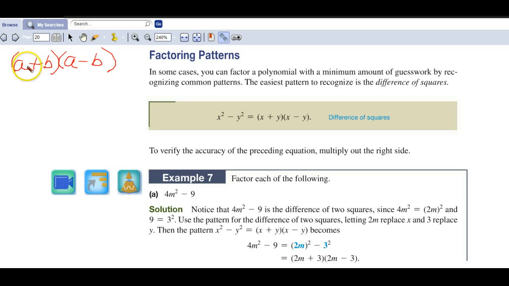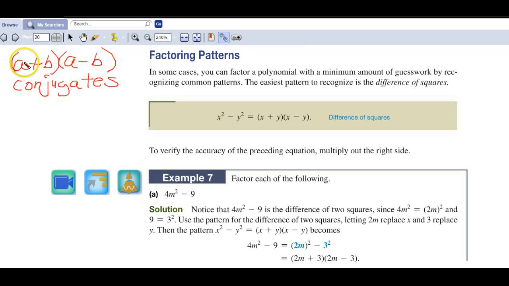Well, these have a relationship. We call these, when it's the same terms but one's plus, one's minus, conjugates. And I would write this in your notes.